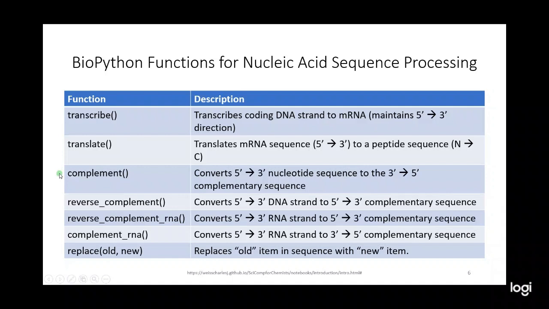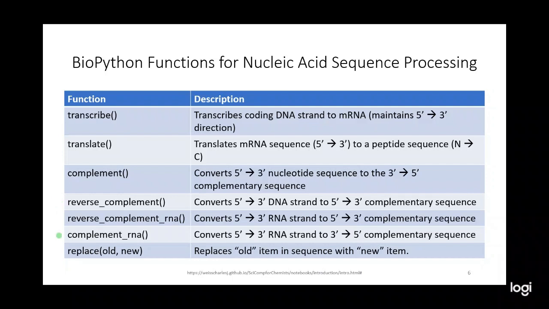The complement function converts a 5' to 3' DNA strand into its 3' to 5' complementary sequence. The reverse_complement_RNA function converts a 5' to 3' RNA strand into its 5' to 3' complementary sequence.